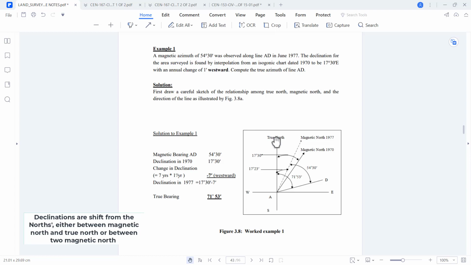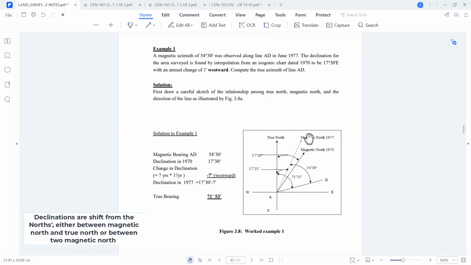So the true north here can also be referred to as the true azimuth. It can also be referred to as the true bearing. And the magnetic north here can also be referred to as a magnetic azimuth or a magnetic bearing. The measurements we take on the field are the magnetic bearing or the magnetic azimuth.